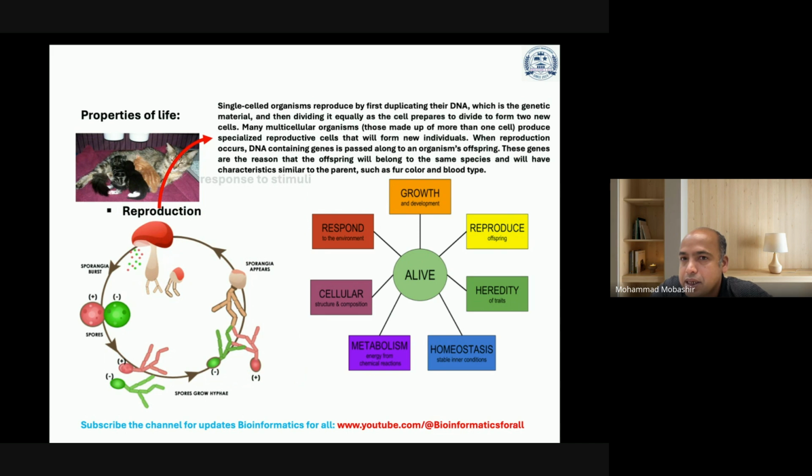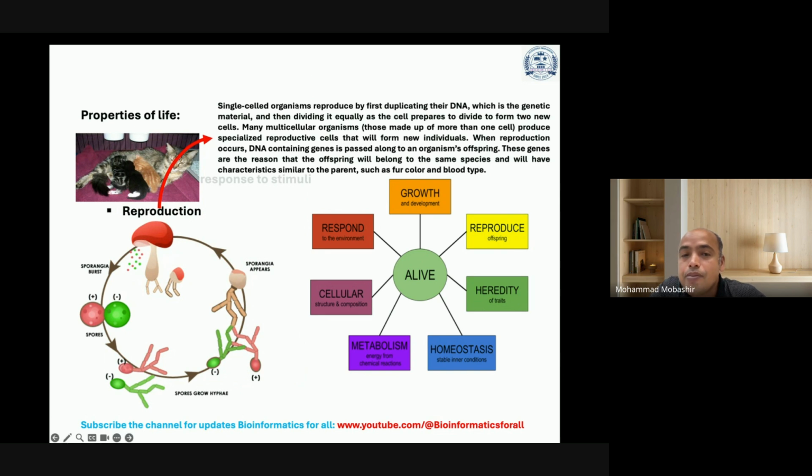So a single cell organism could reproduce by first duplicating their DNA, which is the genetic material, and then divide it equally as the cell prepares to divide to form two new cells. So one cell will form two new cells, and then 2 to 4 and 4 to 8, something like this.